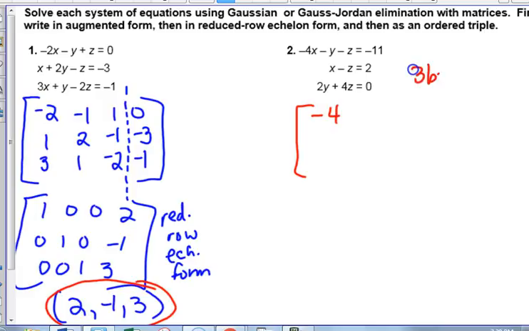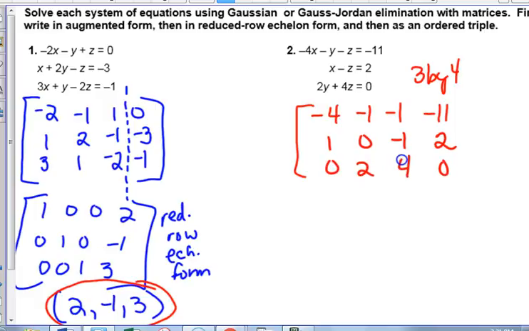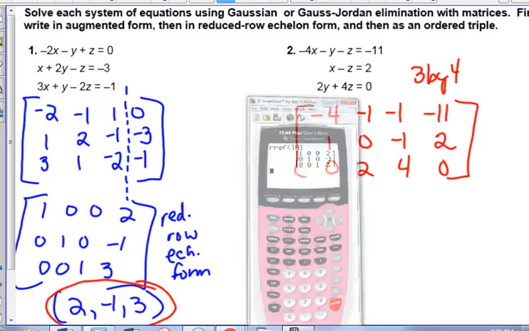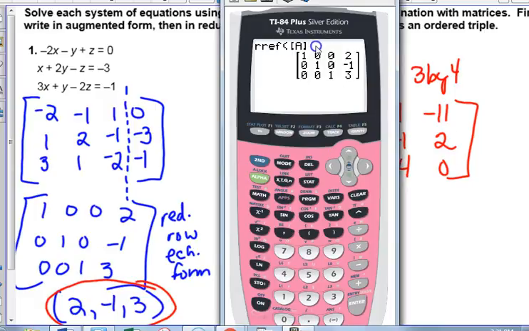So 3 by 4 still. Okay. 1, 0, negative 1, 2. Now, if you have this on your screen, home screen still, you can just hit enter.